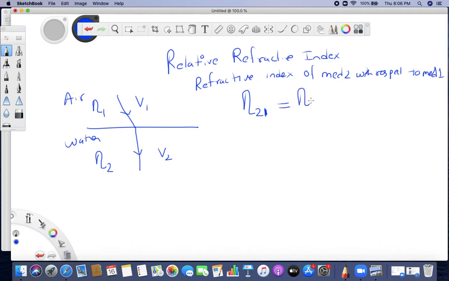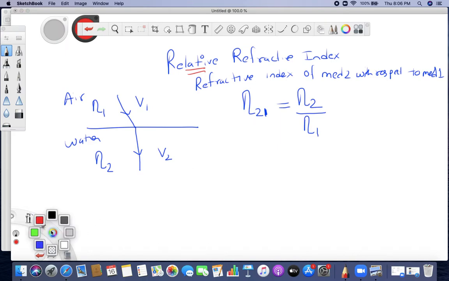So how do you write down refractive index of medium 2 with respect to medium 1? In a simple way it can be written as n21, not n twenty-one, but n two-one. n21 means refractive index of medium 2 with respect to medium 1, that is, we call it a relative refractive index.